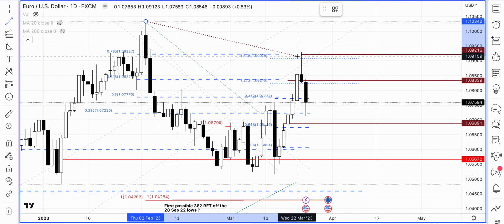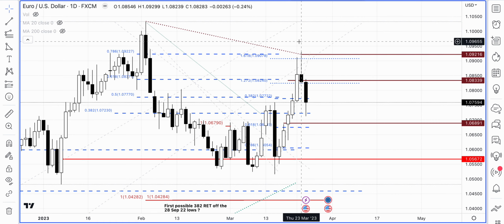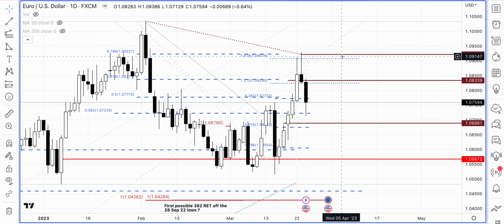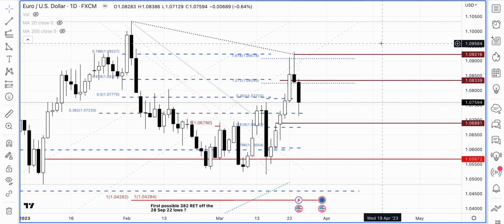So let me just draw this like this. Around 1.0922, and over the last couple of trading days, this is exactly what the price has done.